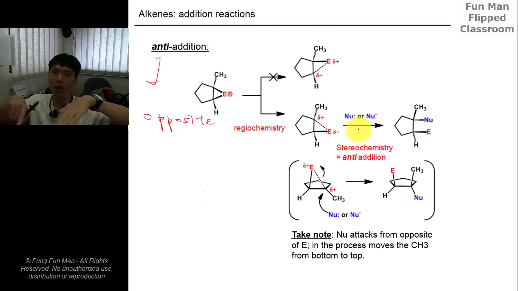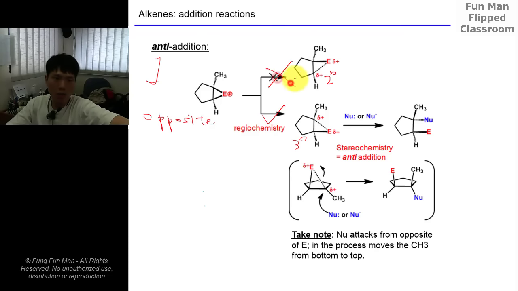It can't be exactly on the plane because it's not stable due to ring strain and angle strain. So it's going to choose one side to be attacked by the nucleophile. In the very same manner, if I'm trying to break this, I'm going to get a secondary carbocation. For the bottom, we're going to get a tertiary. So our mind is clear that it's going to take this way and not the top.